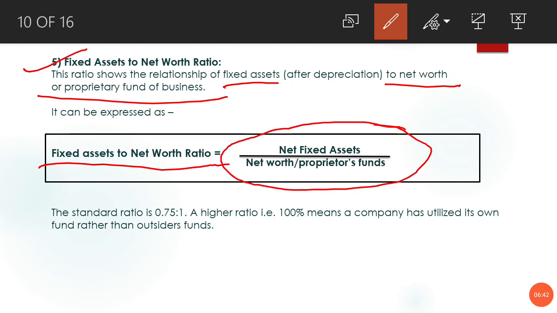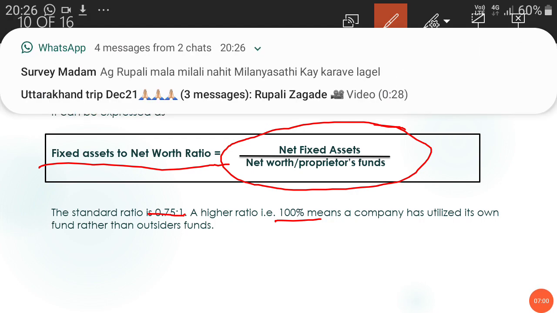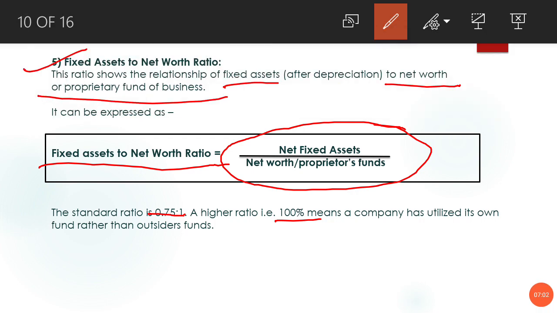The ratio indicates the extent to which shareholders' funds are sunk into fixed assets. The standard ratio is 0.75 to 1. A higher ratio, that is 100%, means a company has utilized its own fund rather than outsider fund, with significantly low dividend to shareholders and overcapitalization of the company.